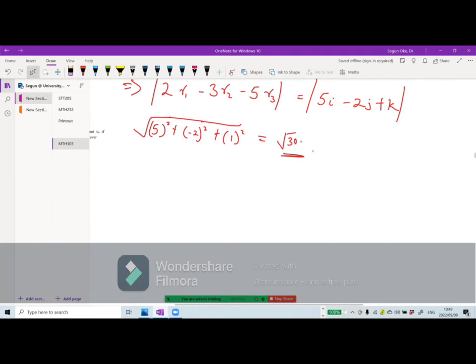Sir, can we simplify that square root of 30? But how do you break it down? That's what I'm asking, sir. Is it possible, because we used that one as 32 the other time? Okay, what do we multiply that will give us 30? That would be 3 times 10.